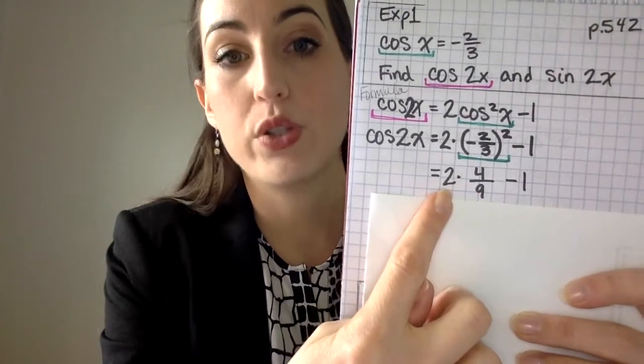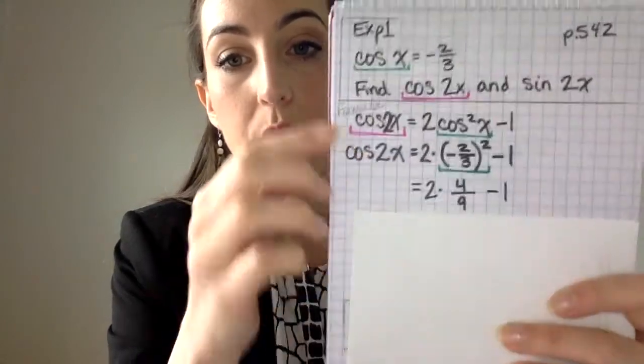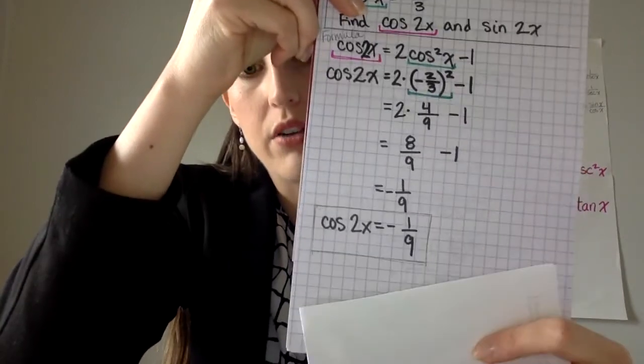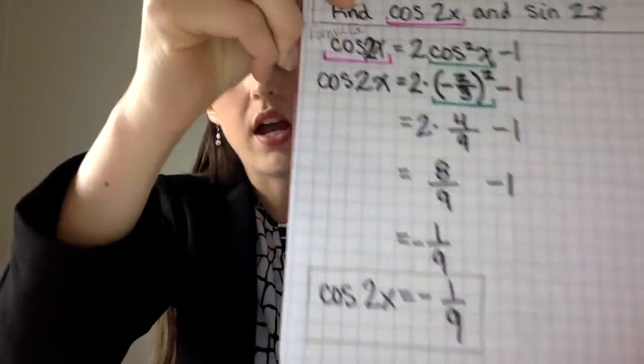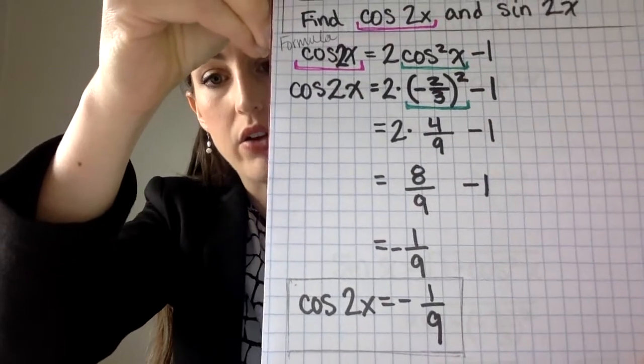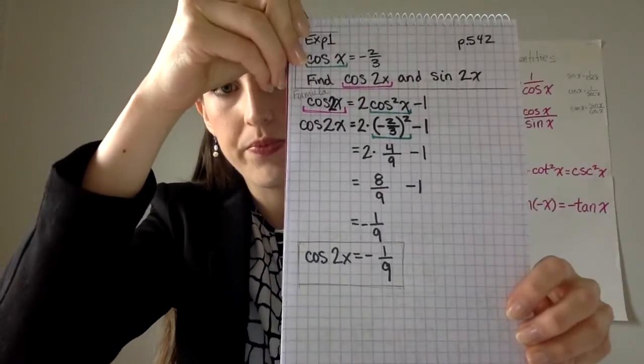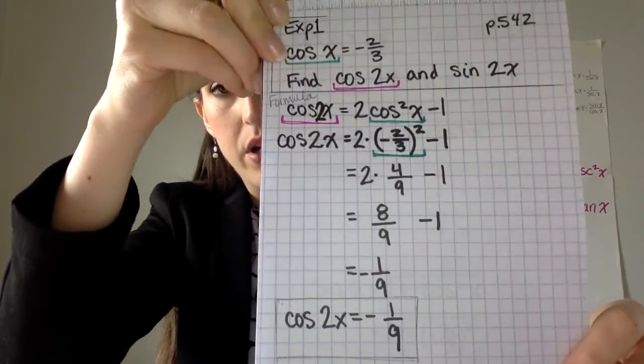Okay, 2 on the outside, multiply, -1 on the outside. You get 8/9 minus 1 gives you -1/9, and so we can say our cosine double angle is -1/9. Okay? You can pause that if you need that.